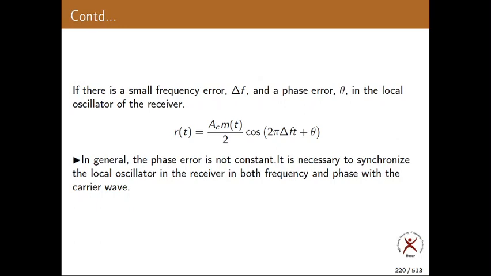So there may be loss of phase synchronization as well as loss of frequency synchronization, or both may be at loss. Suppose there is a small frequency error Δf and a phase error, then this is the output of the demodulator. So if there is a loss of frequency as well as phase, this is the output of your demodulator.